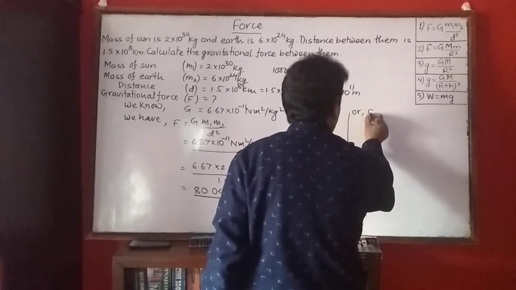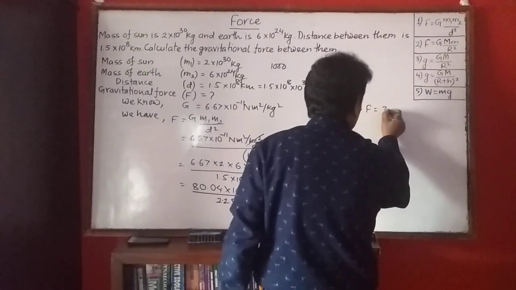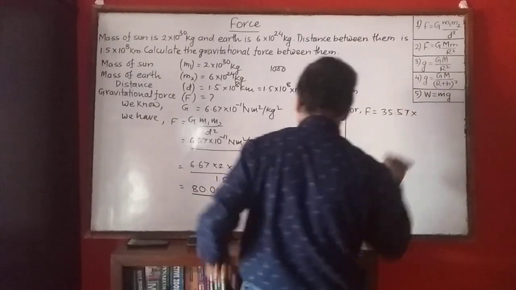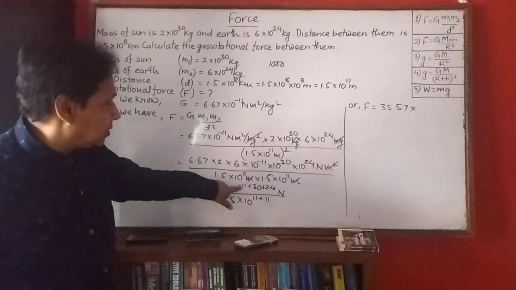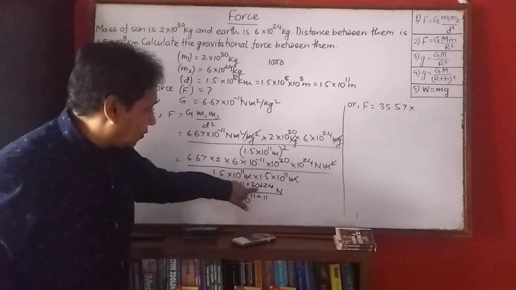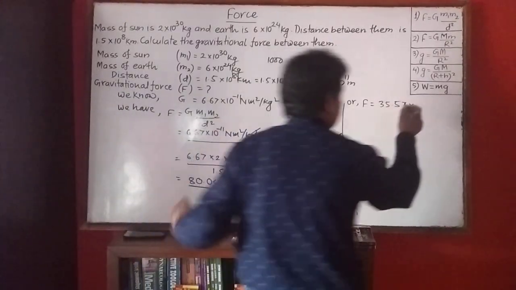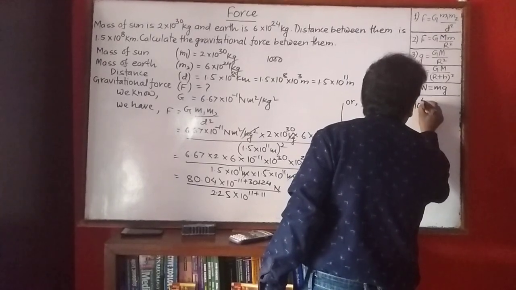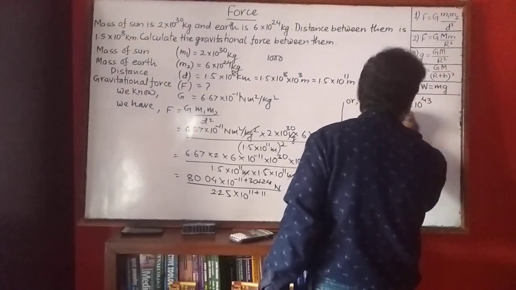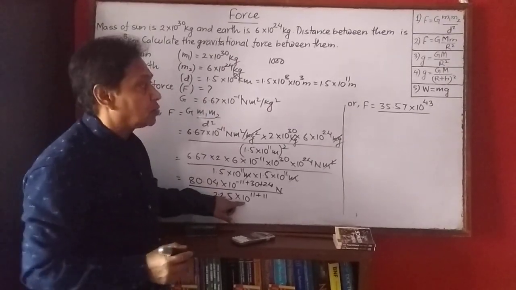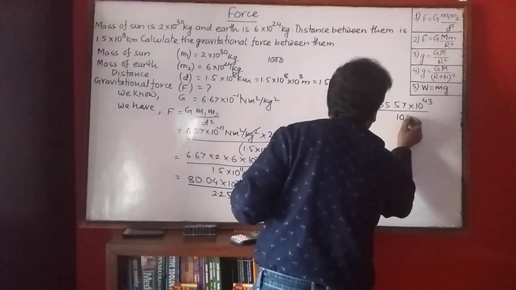Or F is equal to 35.57 into, look at this, 10 to the power: 24 plus 30 equals 54, minus 11 equals 43. 10 to the power 43. And in the denominator, what we have? It's already gone: 10 to the power 22.